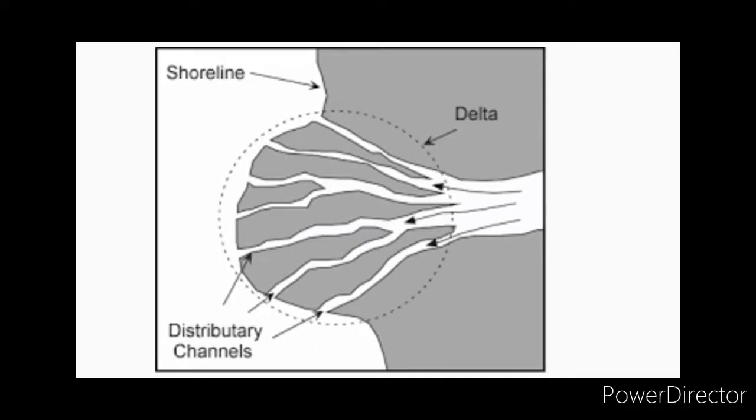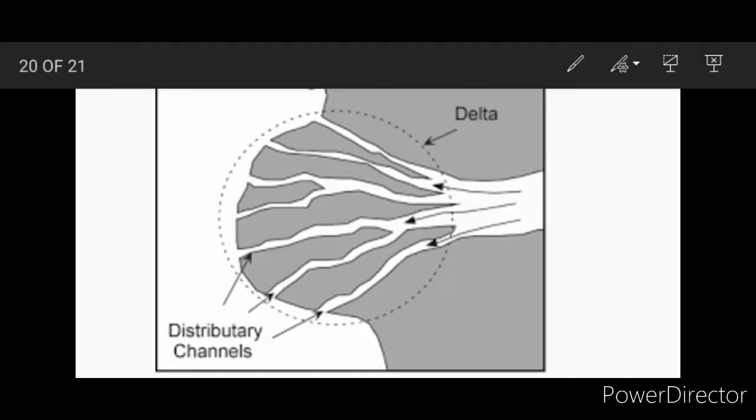Now tributaries are smaller streams that join the river. Okay, and distributaries are smaller streams that get diverted from the main river. So this is the main river, and this main river moves in 3 different distributaries, and even further it is getting divided into different distributaries. And these triangular areas that are formed in between the distributaries are called delta.